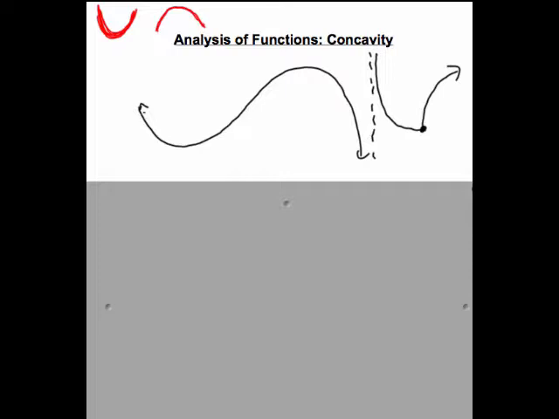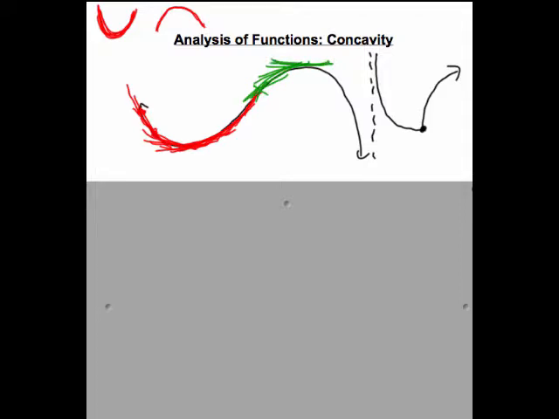So if I go from left to right on this function, I have a negative slope, and as I move from left to right, you'll notice that my slopes are increasing. They were negative slopes, they've come down to zero, and now they're getting bigger and bigger, until I get to a point right about here. And then the slopes, they're positive, they start to decrease to zero. Okay?